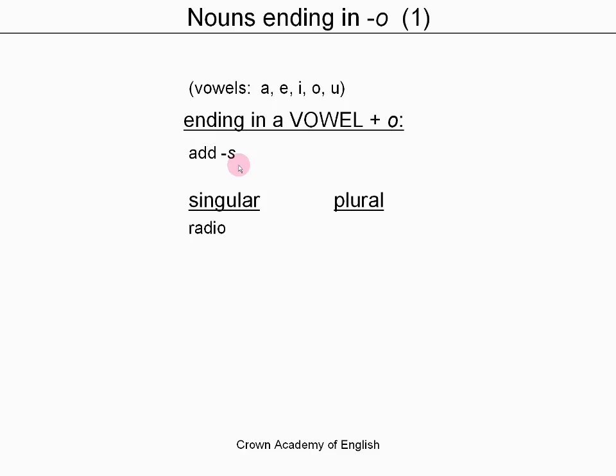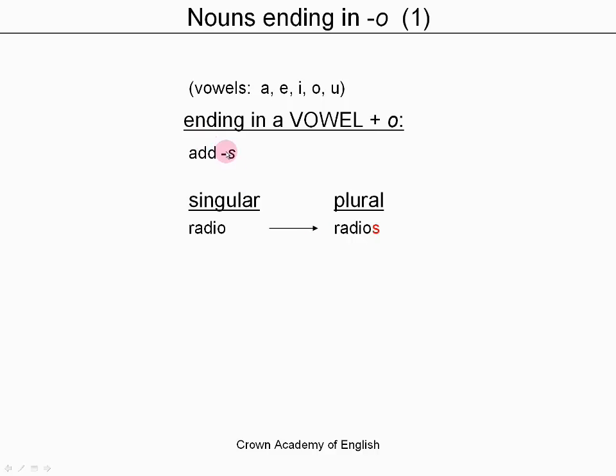So we have radio, and this becomes radios in the plural. So we just add an S. So we can see here the end of the noun has a vowel. The vowel is the letter I, followed by the letter O. And so we follow this rule.